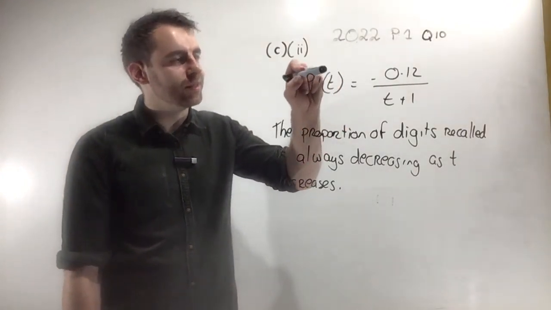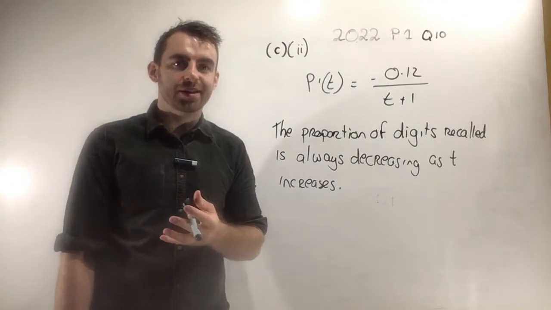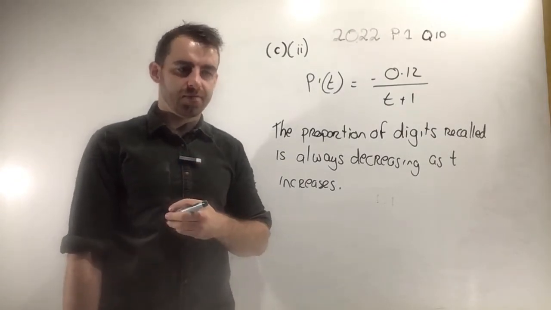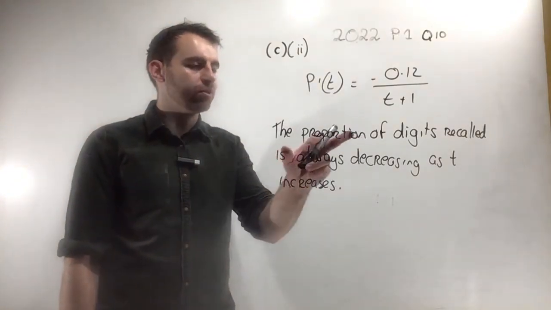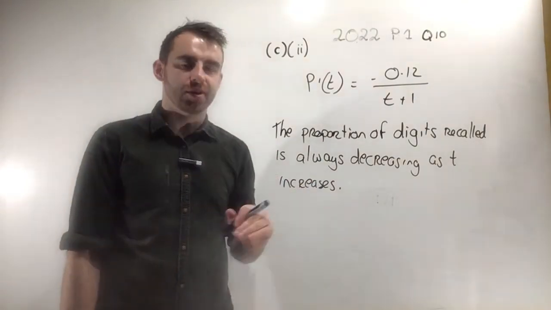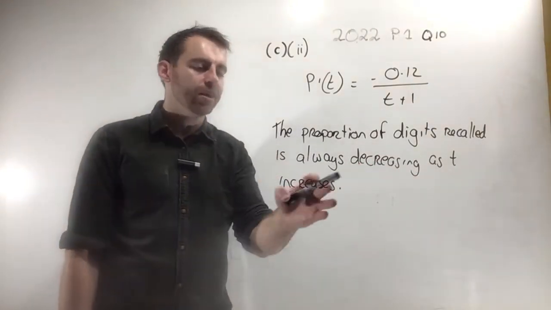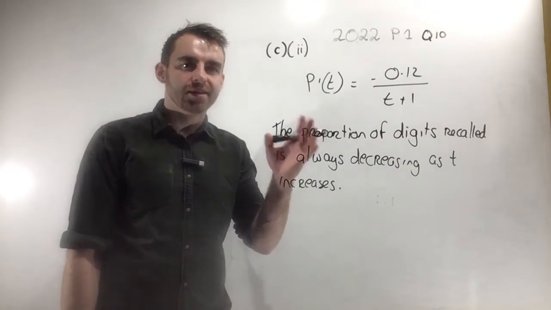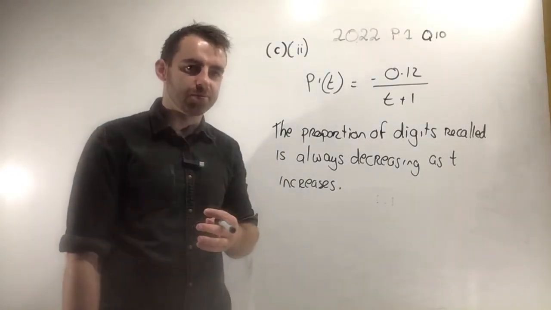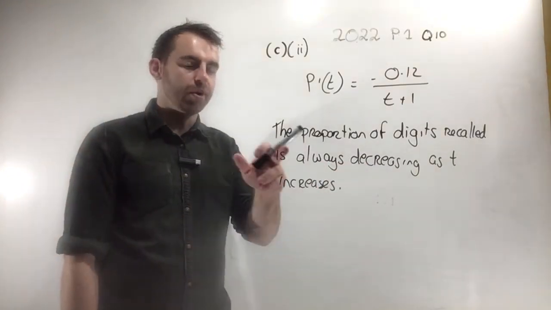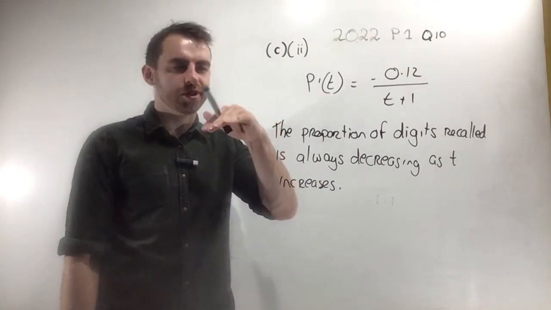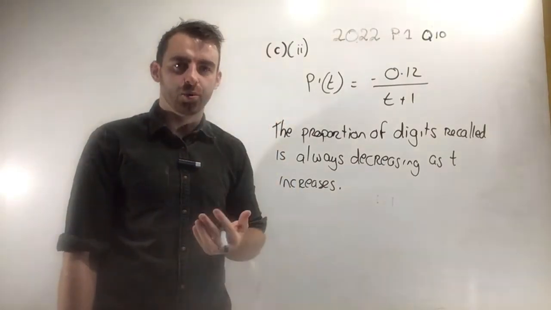Since the first derivative is always negative, the slope is always negative. In other words, the proportion of digits recalled is always decreasing. So as t increases, the longer it is since you memorized the digits in the first place, the less that you know, because consistently the proportion that you remember decreases with time.